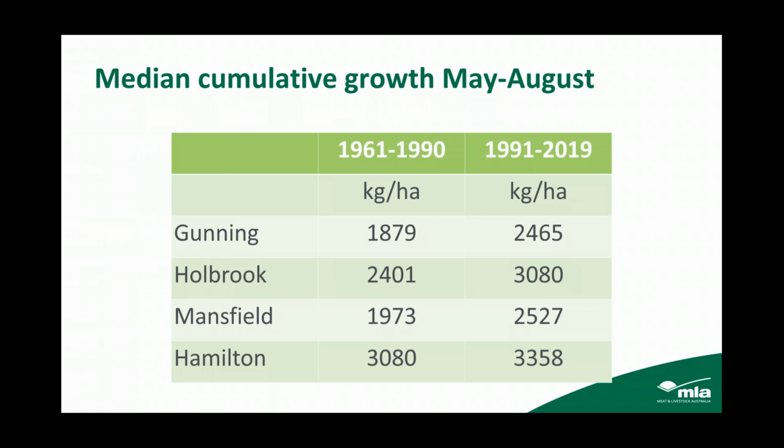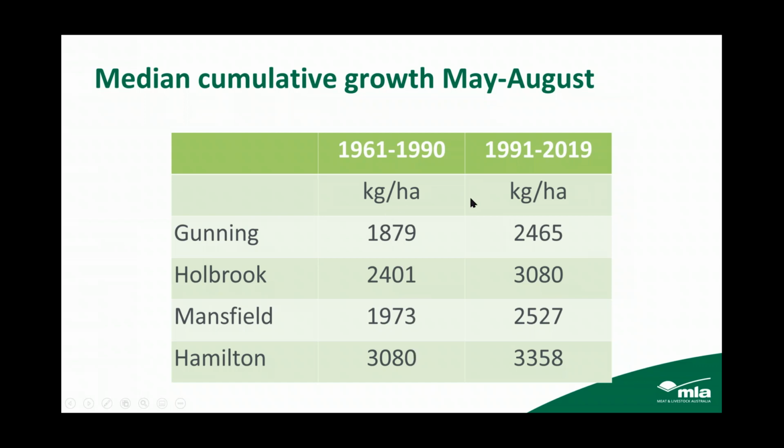Now, this is what happens over those 4 months, right? What I did then was I accumulated the growth rates into how much pasture would be grown. So over that period, in the 61 to 90 period, in the median year, I would have grown 1,880 kilos per hectare, 2,401, 1,973, 3,081.